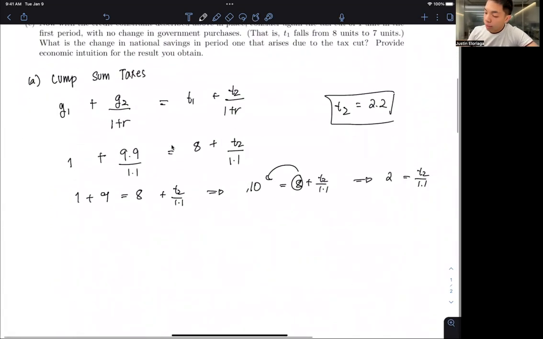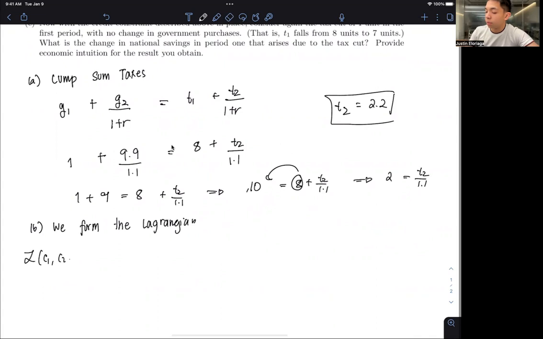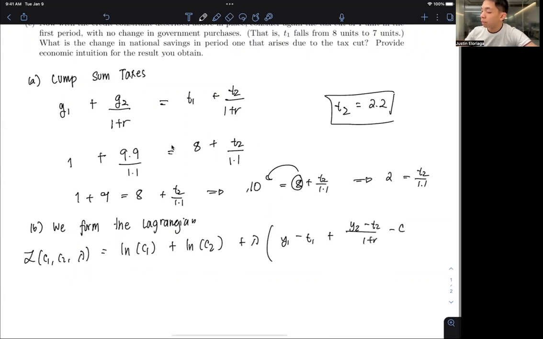To do this, we form the Lagrangian, which is simply the utility function, ln C1 plus ln C2, plus lambda times y1 minus t1 plus y2 minus t2 over 1 plus r, minus C1 minus C2 over 1 plus R. So we have that one there.